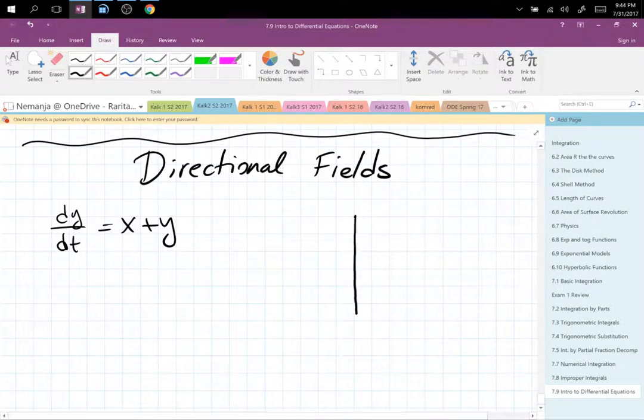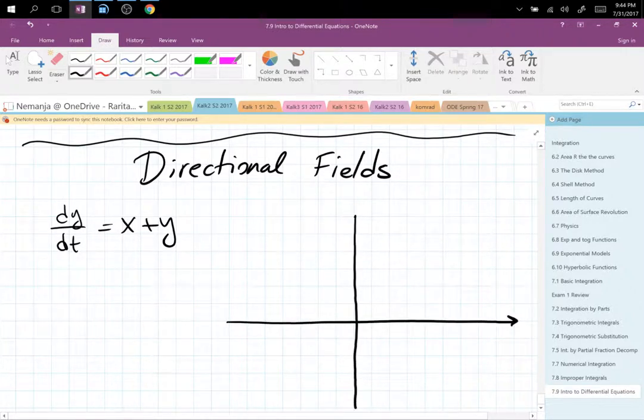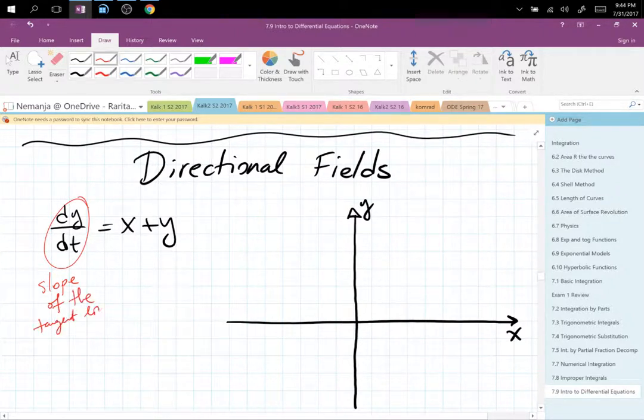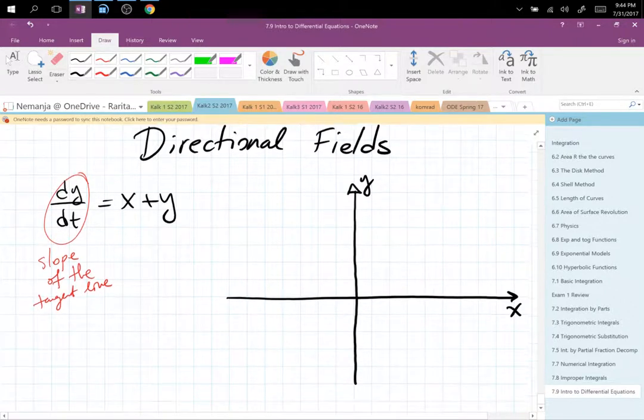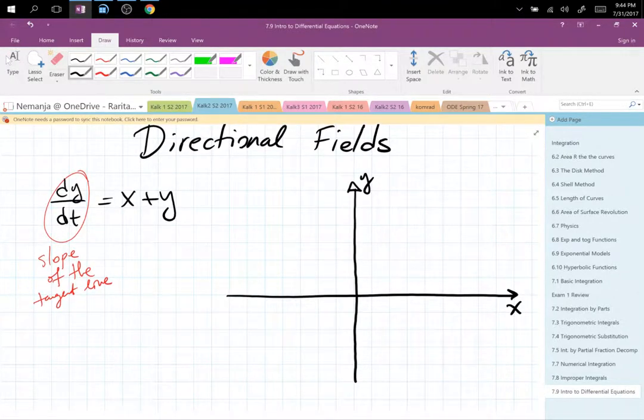So pay attention to how I do this. It's very systematic. We know that this part over here is the slope of the tangent line. So what I'm going to do is set that slope to be, say, 0.